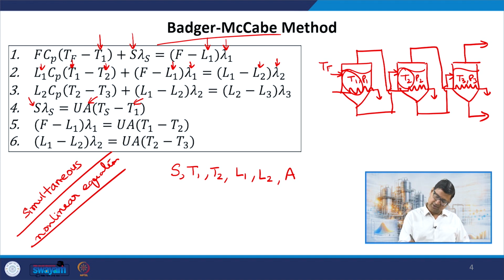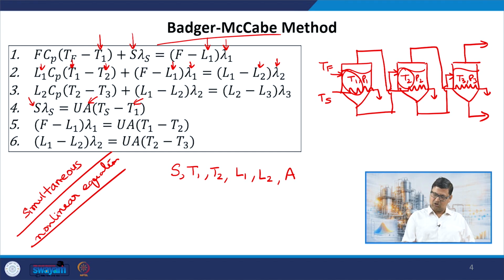TF is known, TS is known, and T3 is also known. So this is a very smart choice of guess variable. We will discuss in detail in the coming lectures why this particular choice is a good choice, when we discuss the graph theory and things like that. But for the time being, let us assume that T1 and T2 are given.